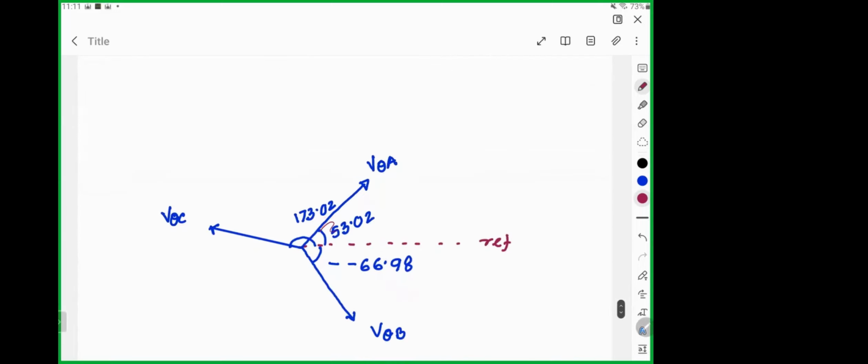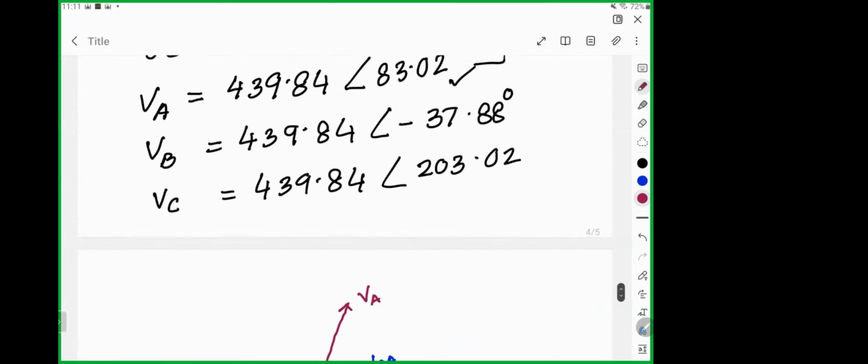So from 83 we go another 30 degrees. 90 is this one, so it would be somewhere here. And this is the larger quantity, VA, at 83.02, right?